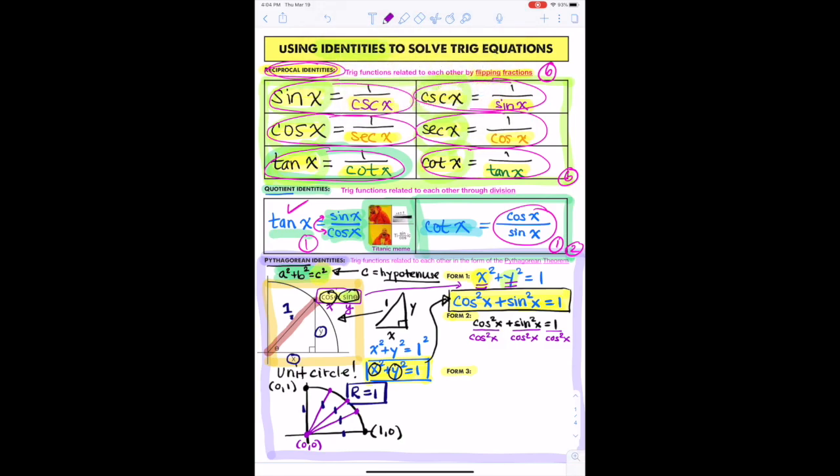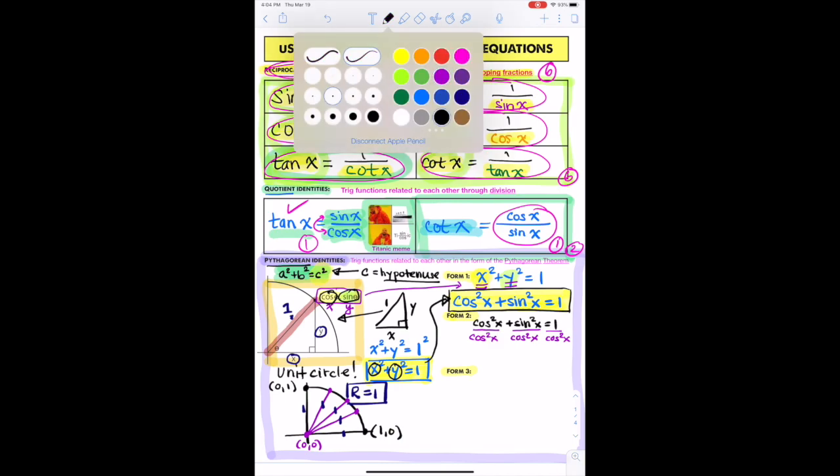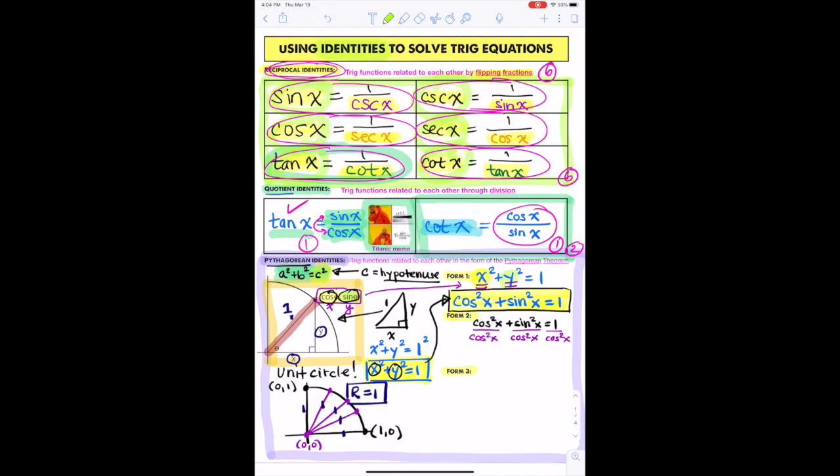I'm not going to risk erasing that, because so far I think my lecture has been all right. So I want to focus our attention over here and ask you, is there a simpler way to say cosine squared divided by cosine squared?